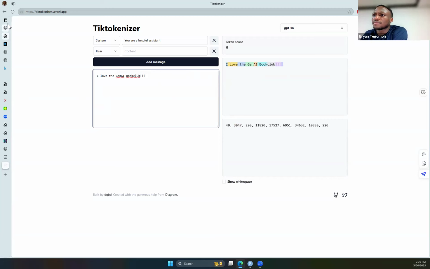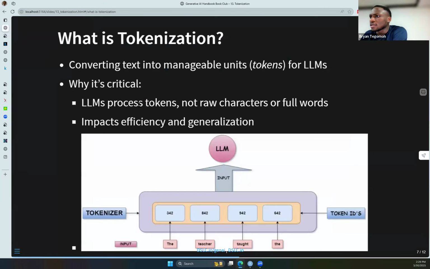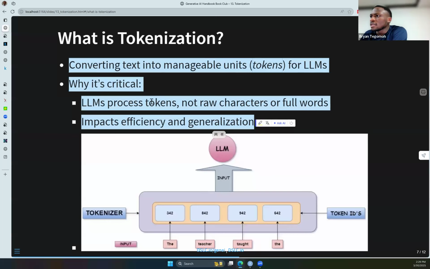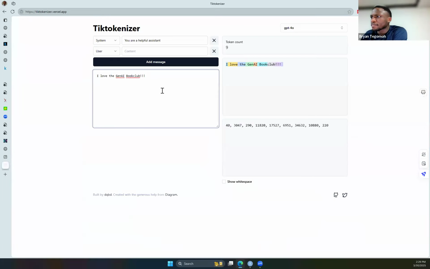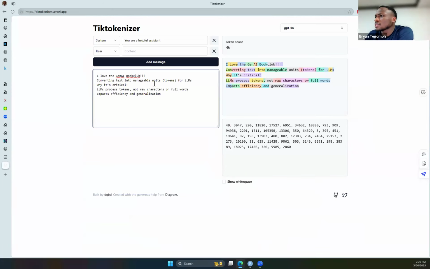Let me paste a longer paragraph here. You see that it attributes a different color to each of those tokens, converting each of these words into individual tokens.